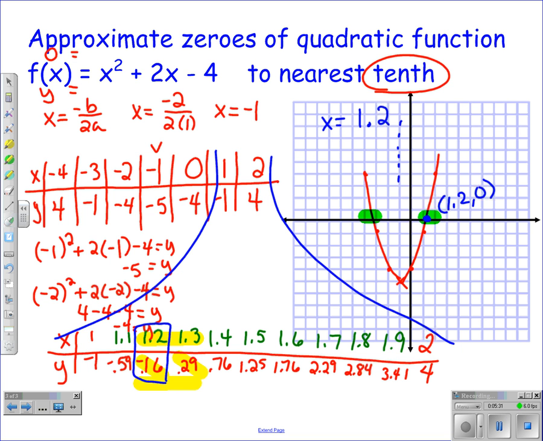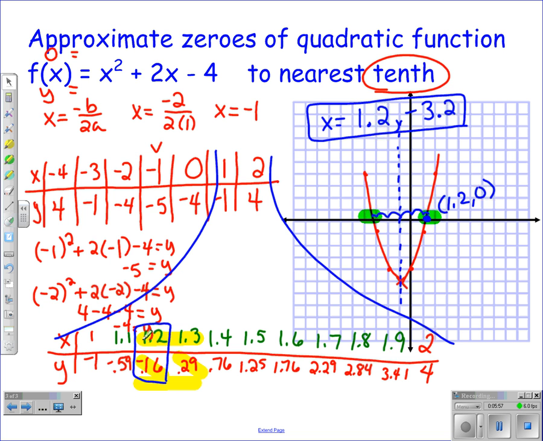Or if you think about the axis of symmetry, we went 2.2 units to the right. That means I need to go 2.2 units to the left. And that gets me to the point negative 3.2. Those will be my two approximations for our zeros of this function.